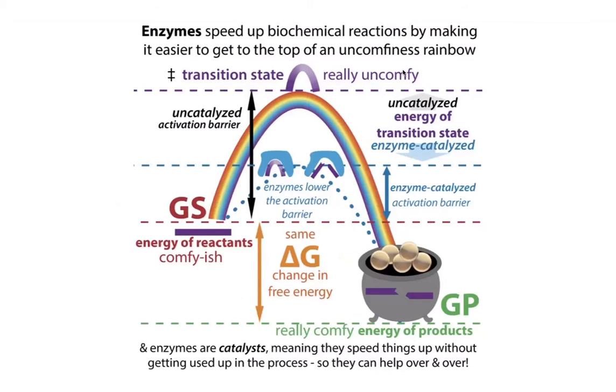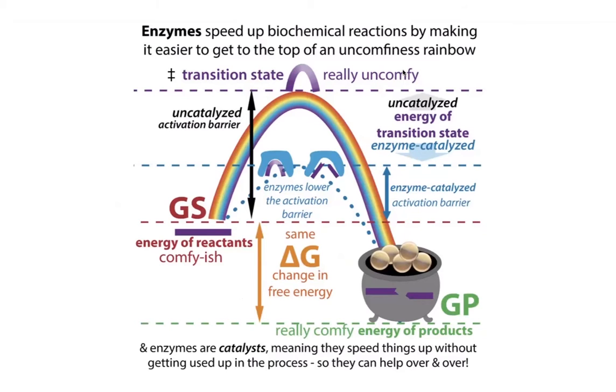So let's start with just reviewing our enzymes and those main catalytic strategies, but going a little more in depth this time. So remember that enzymes are going to lower the energy of the transition state. Their job is to lower the activation barrier. Remember, if you have your leprechaun and there's a pot of gold at the other side of the rainbow, but it has to get up the top of the rainbow in order to get to the pot of gold.